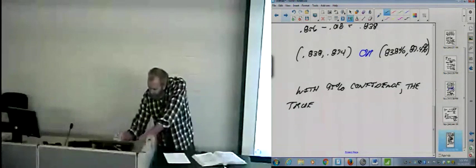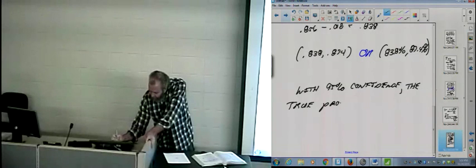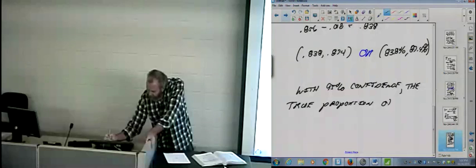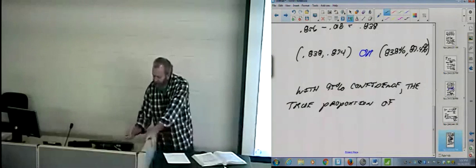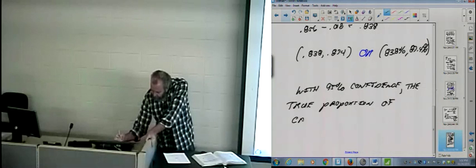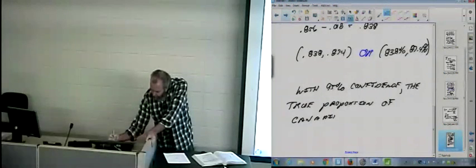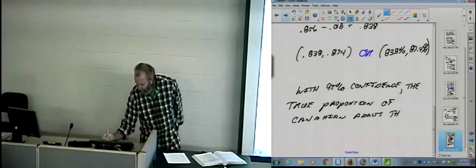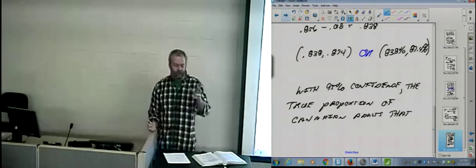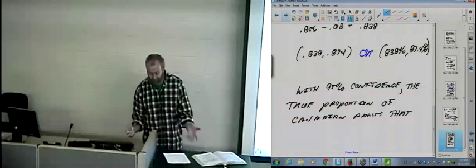I'm going to say the true proportion of, now what group of people, what's our population here? What are we talking about? Of Canadian adults that, and what are we looking at here? It's gun registration, right?